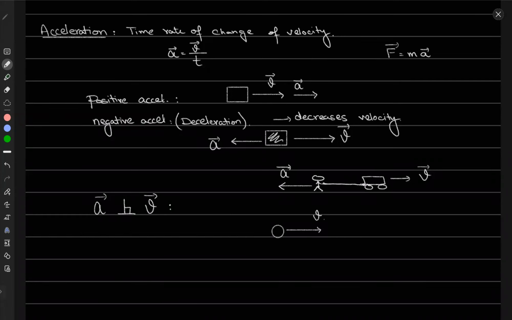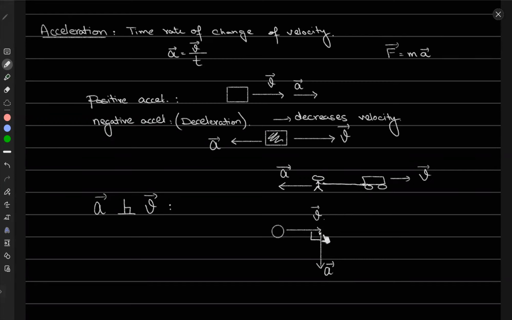So the velocity vector would point in this direction. However, suppose I apply an acceleration perpendicular to this velocity vector. Perpendicular means it is at right angles to the velocity vector. So the acceleration vector is this one, at right angles to the velocity vector, right?